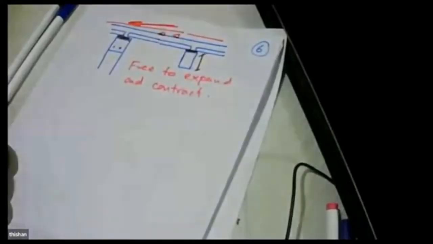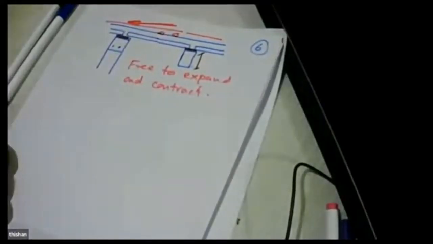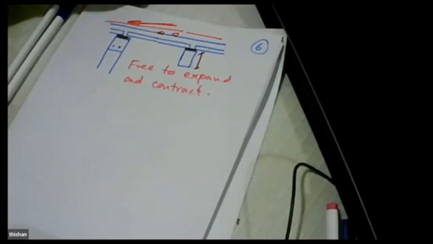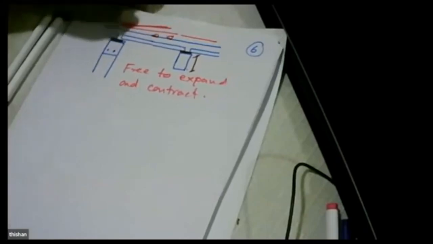So that's a possibility for the roof slab, so that you can have an accessible slab that can be used for mounting solar panels, or even having a greenhouse.